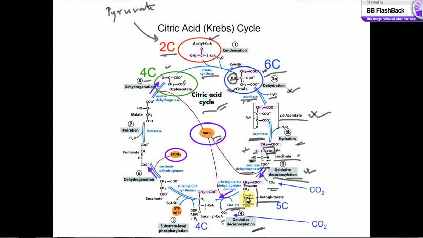So this hand of this carbon is now open, and this hand will be replaced with the coenzyme A, and one molecule of NADH plus H plus will be produced, and this structure is called succinyl CoA.